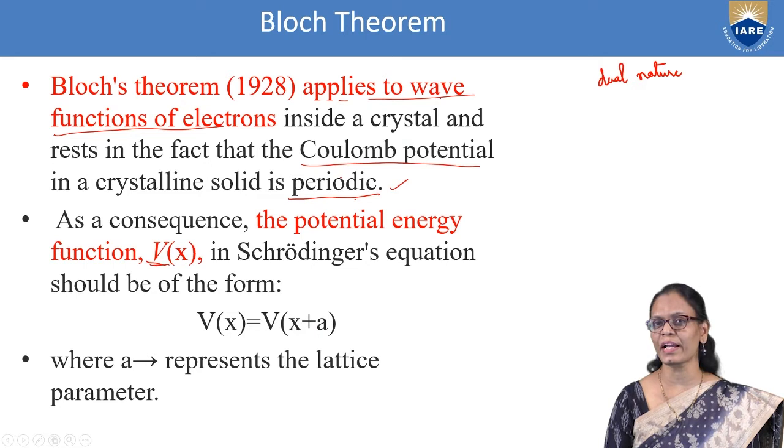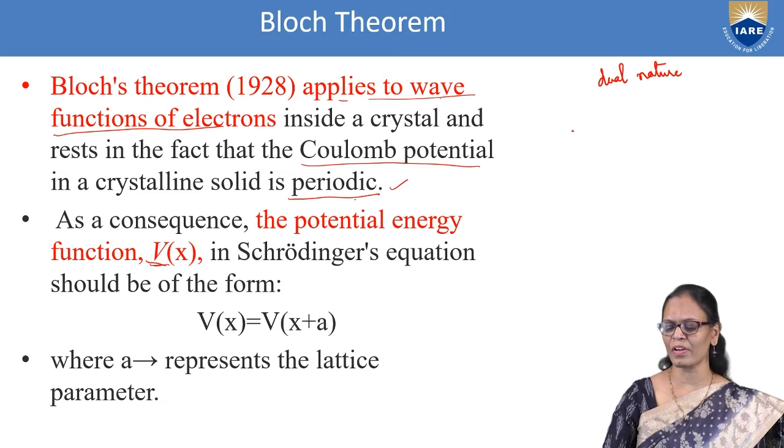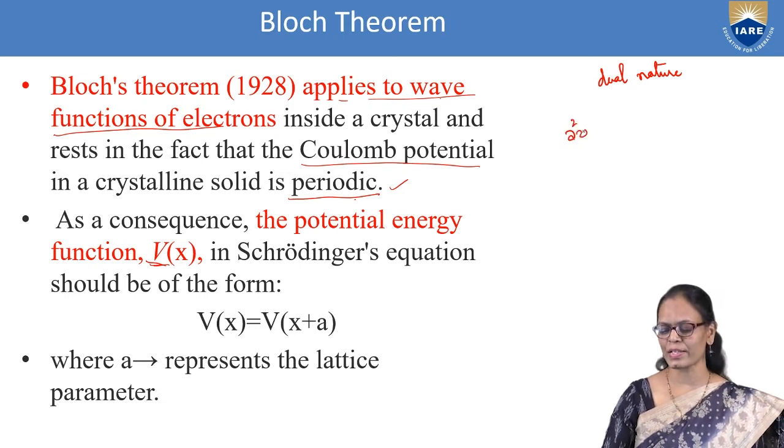Because how we get this wave function, we have already discussed the Schrodinger wave equation. What was the Schrodinger wave equation we have seen? d²ψ/dx² + (2m/ħ²)(E − V)ψ = 0.